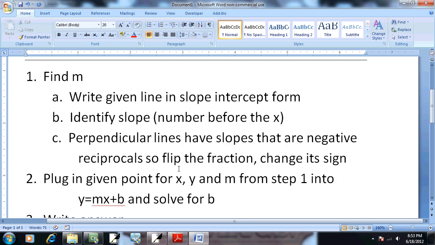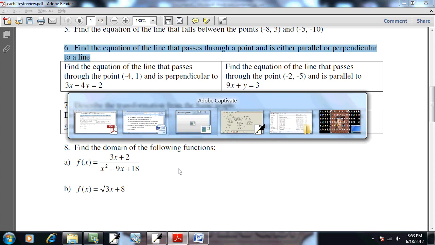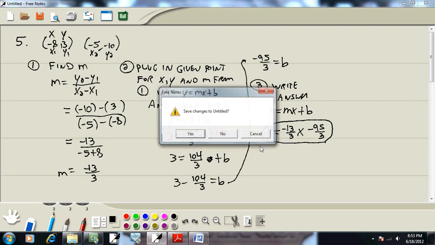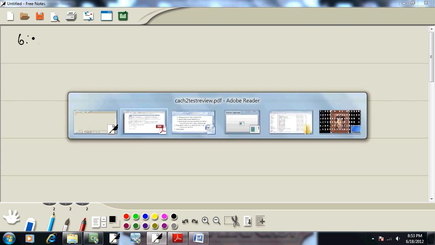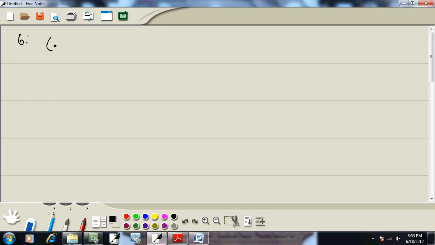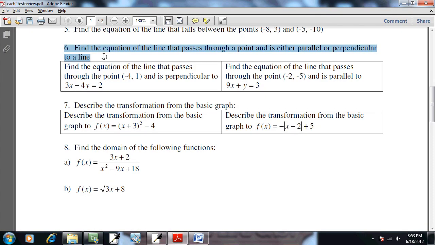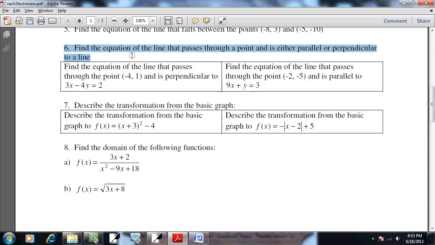So let's see how to use these steps to work this problem. It passes through the point -4, 1, and is perpendicular to 3x minus 4y equals 2.